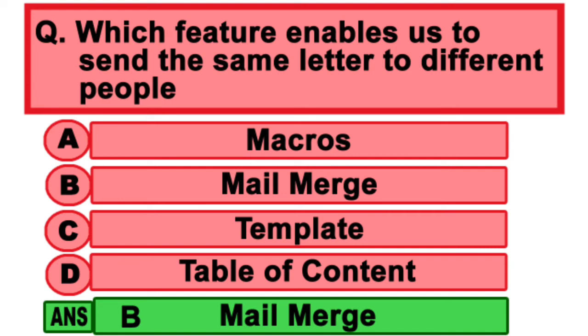Template is a document type that creates a copy of itself when you open it. You can use a template with predefined page layout, fonts, margins, and styles. Table of content. Table of content is where you list the chapters and major sections of your document alongside their page numbers. The correct answer is answer B, mail merge.